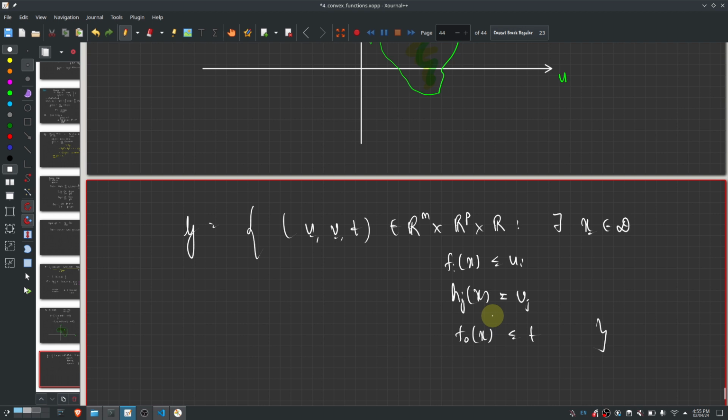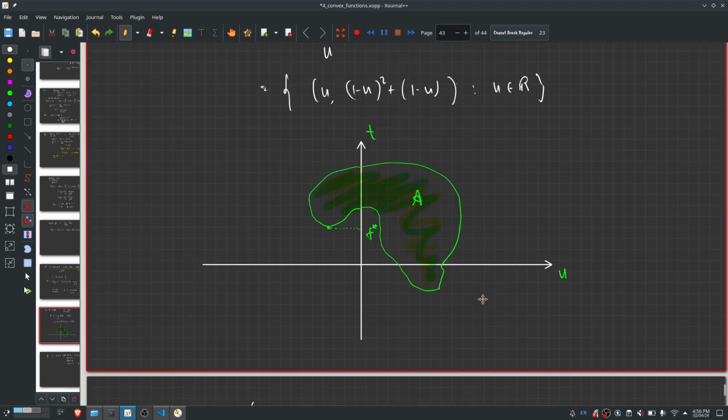The difference between this set G and the set A that I defined previously is that previously I had fi of x equal to ui, hj of x equal to vj, and f0 of x equal to t. That was the difference.